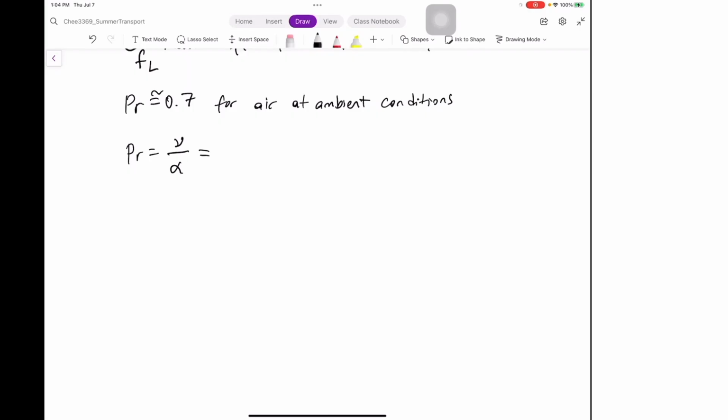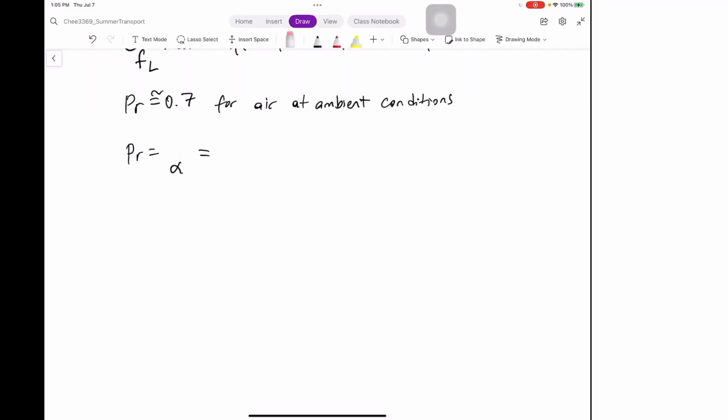It should either be given in the problem statement, or you should use your textbook appendix, where there are thermodynamic properties of air and other substances.